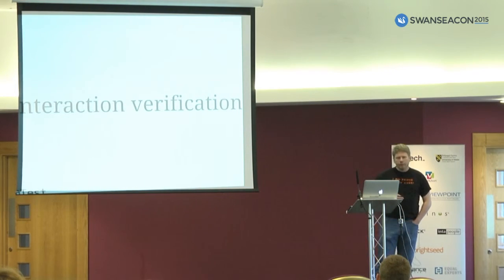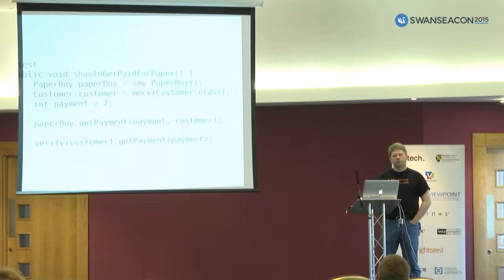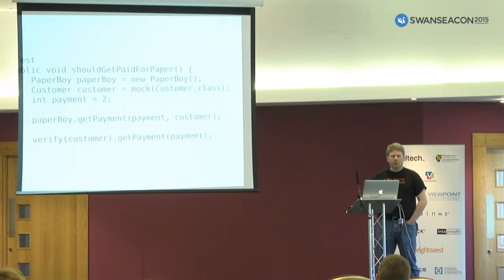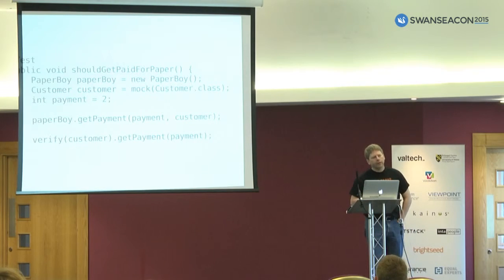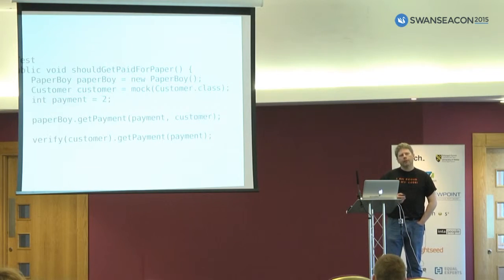So if we do the same thing with an interaction verification instead, it could look like this. We create a Paperboy, and then we create a mock of the customer. And then we tell the Paperboy to get payment. So we have basically the same API, payment and customer.